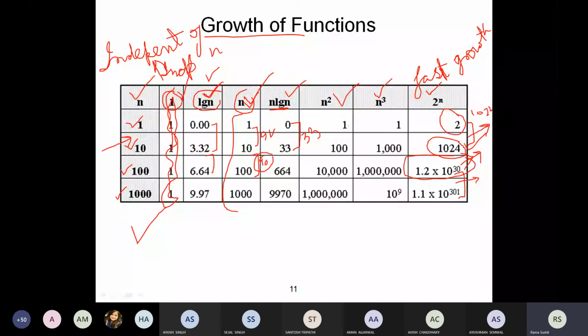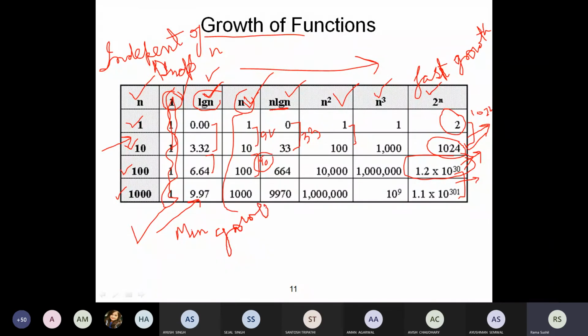The earlier ones are better than n square. As you go forward in this direction you will find faster growth, while in the previous one there is lesser growth, and it has the minimum growth rate. This has the minimum growth rate.